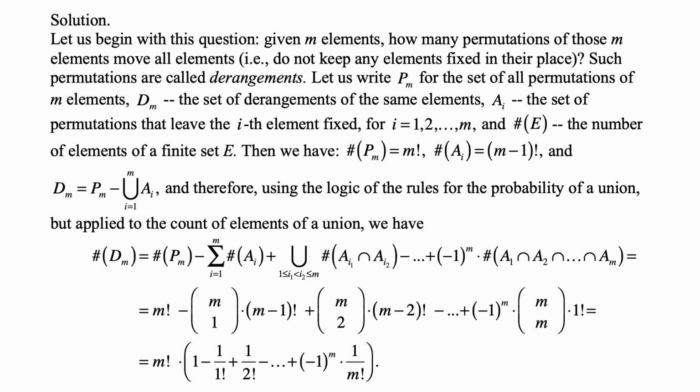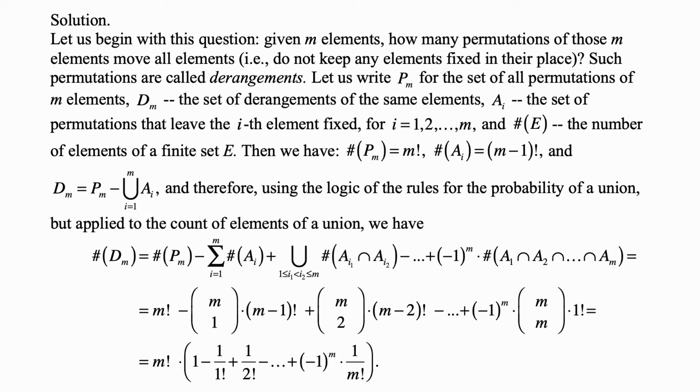Let us write Pm for the set of all permutations of m elements, Dm for the set of derangements of the same elements, Ai for the set of permutations that leave the ith element fixed for i equal to 1, 2 through m, and then the number of E for the number of elements of a finite set E. Then we have the number of Pm is m factorial.